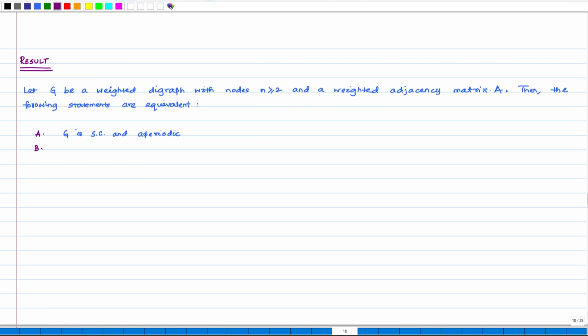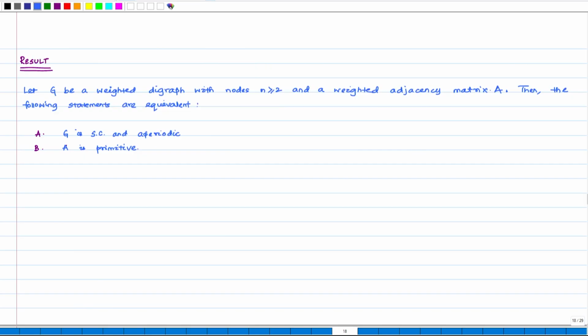Now, if the network is strongly connected and aperiodic, then the adjacency matrix A is primitive. So, now we know what is a graphical representation of the notion of a primitive matrix. So, if the adjacency matrix is primitive, then the underlying graph becomes strongly connected and is aperiodic.